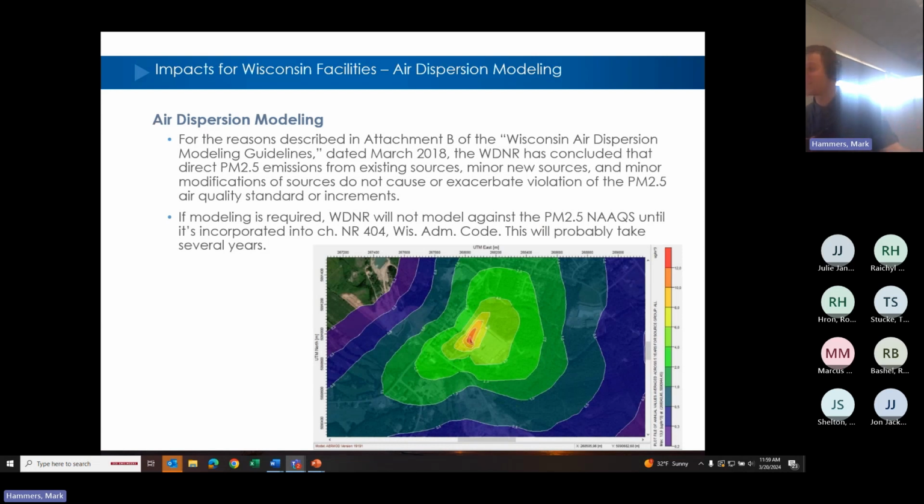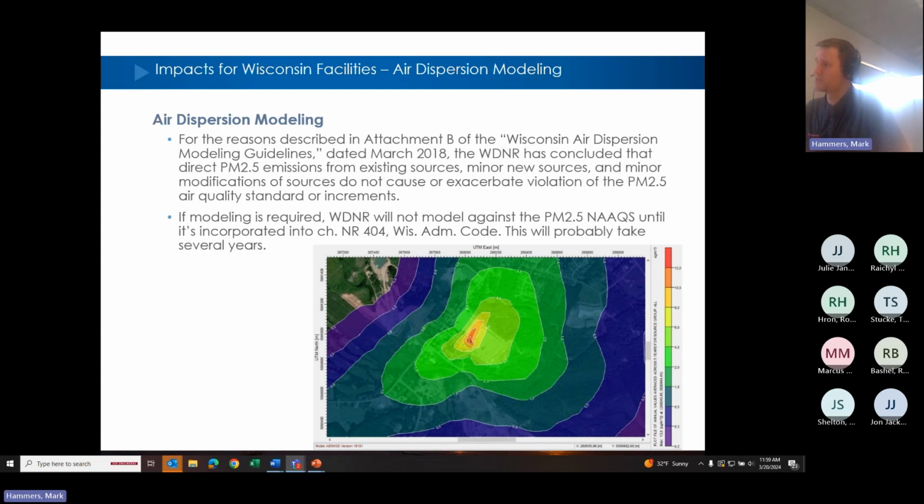Even against the old standard, I ran into a lot of issues. With this new standard, it's going to be even harder. However, the DNR will not model against this new standard until they incorporate it into NR 404. That contains the National Ambient Air Quality Standards in the Wisconsin Administrative Code, and that will take a couple years before they can do that.